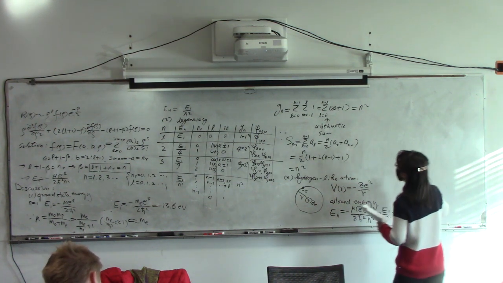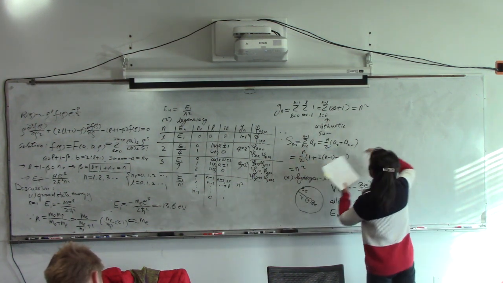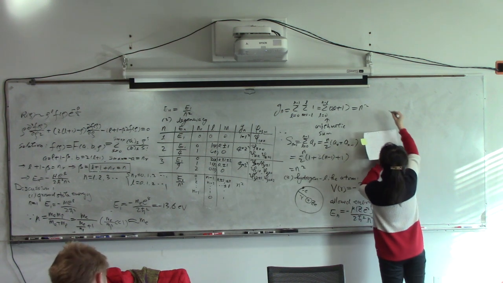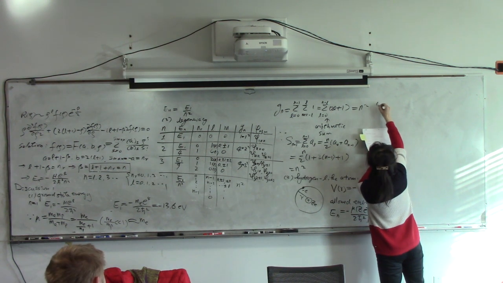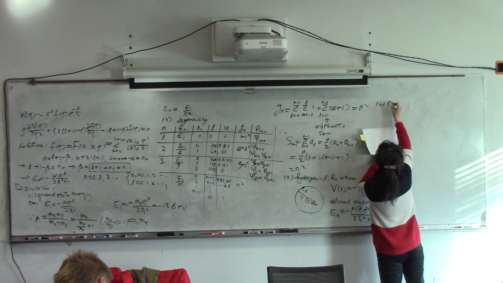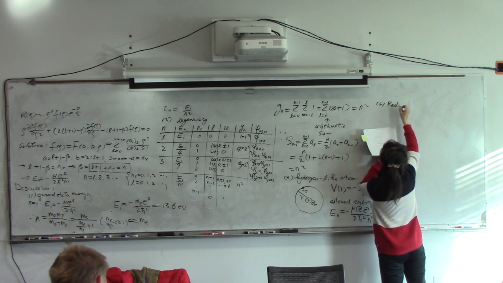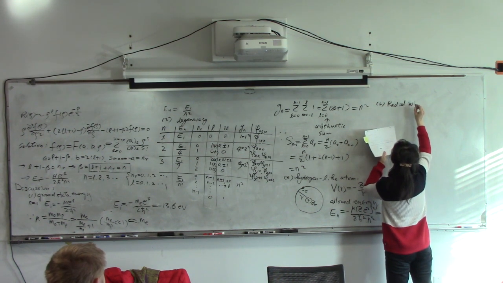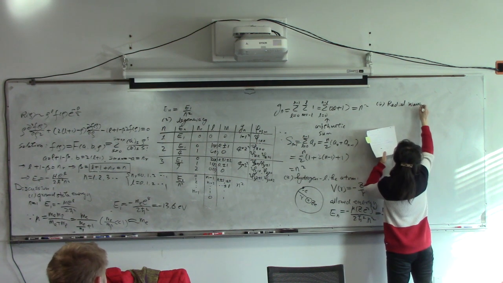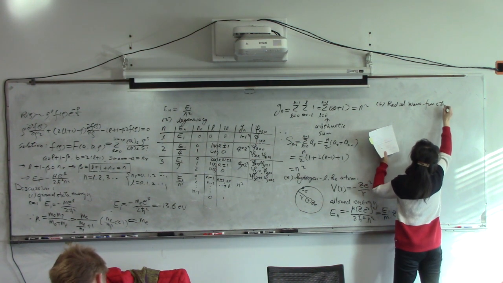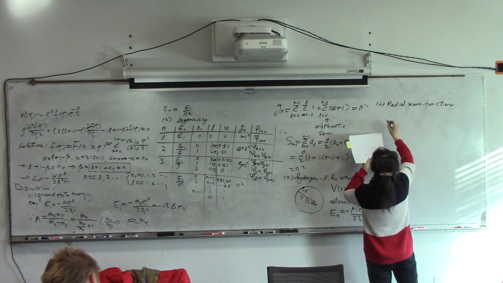So now let's combine those together to write the final radial function. Number 4, the radial function finalized here.